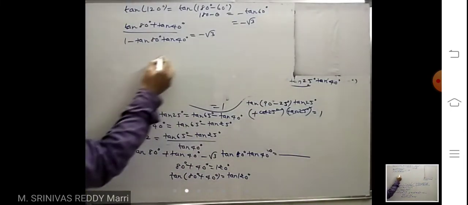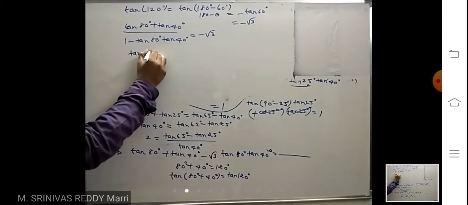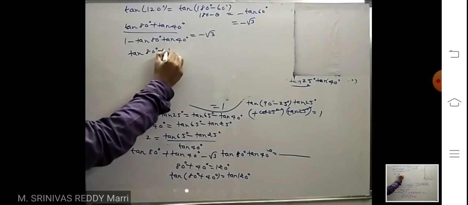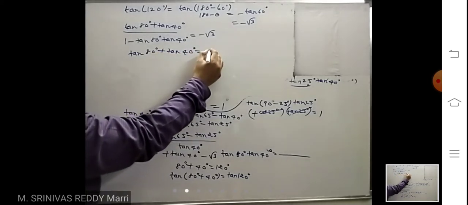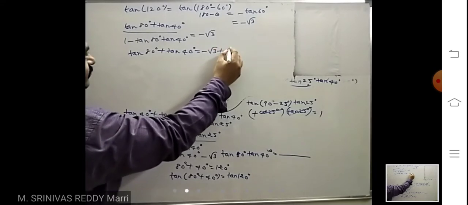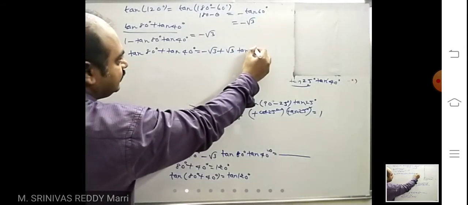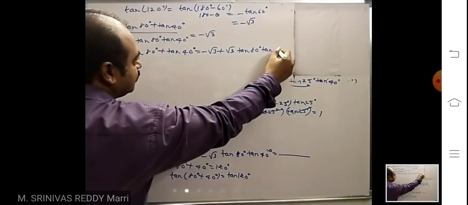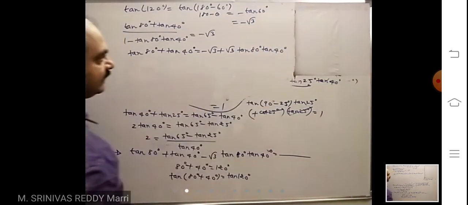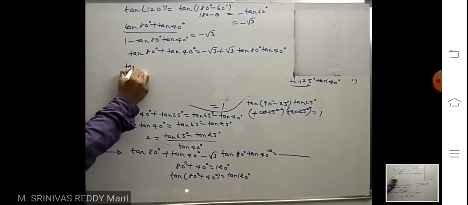So now next, cross multiply that side. Tan 80 degree plus tan 40 degree is nothing but minus root 3 plus root 3 tan 80 degree tan 40 degree. Now this root 3 tan 80 tan 40 bring this side.